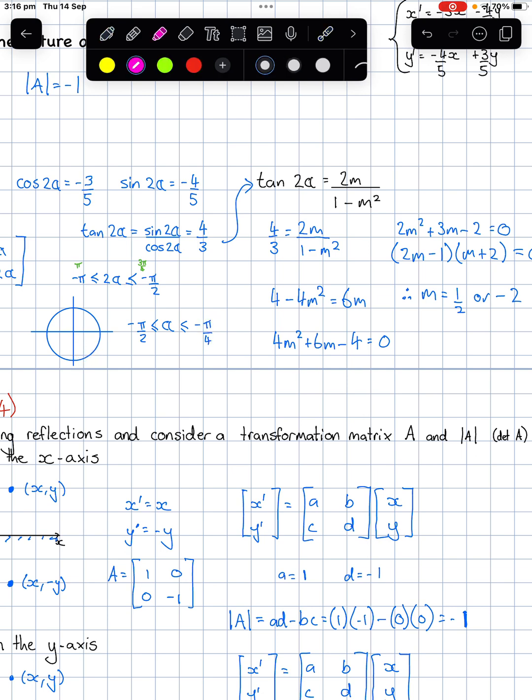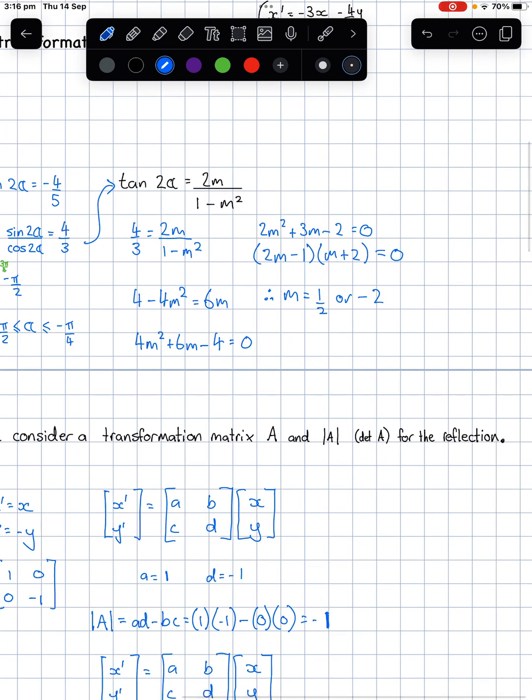If we get the highlighter out, it's going to be just in here, which means that our m value has to be less than 0. So we're looking at a negative value, which means tan alpha equals -2. And that means our transformation is a reflection in the line y equals -2x. All right, good luck, guys.